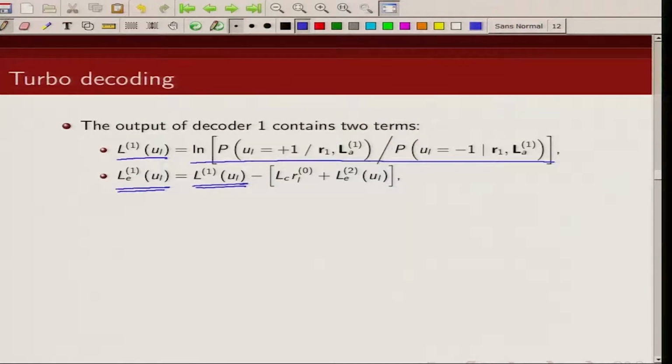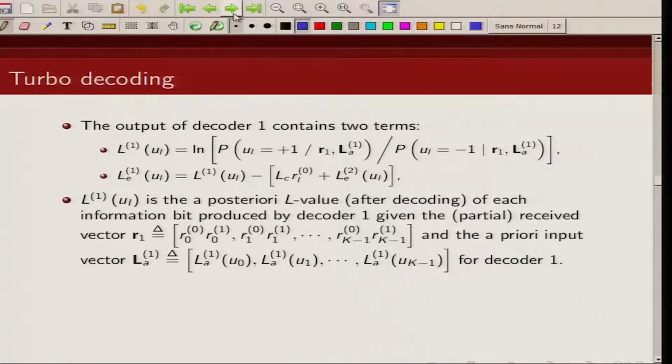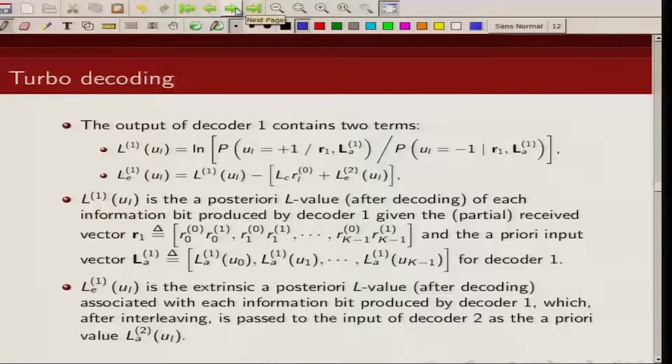From the APP L value, we subtract the contribution of the received channel value, and we subtract the contribution of the a priori value, which is nothing but the extrinsic value of the other decoder. Okay, so this we have explained. This is the APP L value and this is the extrinsic L value.